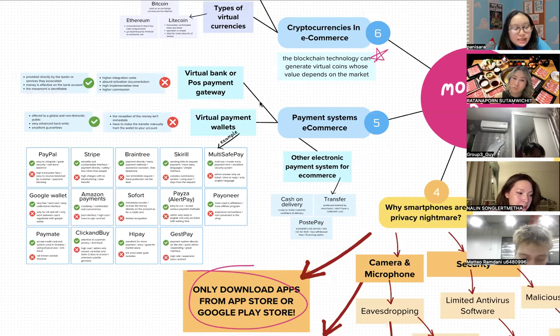Click and Buy has attention to customer privacy, but it has high cost and is unknown outside Germany. Next, HiPay is excellent for micropayment and easy to use, but its deployment is quite complex. The last one is Gates Pay. The payment system is directly on the site and has quick admin response and a great interface, but it has a high rate and an expensive base contract.